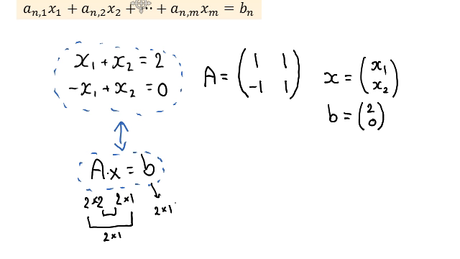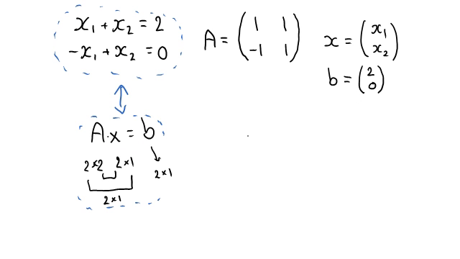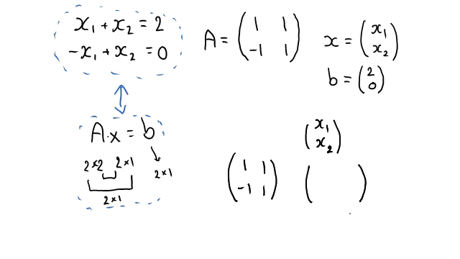Next, let's check what A times x is. To do the matrix multiplication A times x, let's write A here, and we write x to the right and above here. And the result we write here, which I know must be 2 by 1.